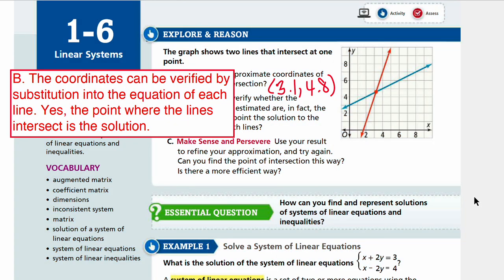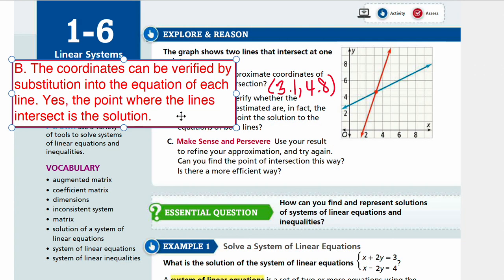Okay, part C. Use a result to refine your approximation and try again. Can you find the point of intersection this way? So we can approximate the equation of each line. Let's look at the y-intercepts or exact points here, right? For the blue line, we can see that the y-intercept is at 3.